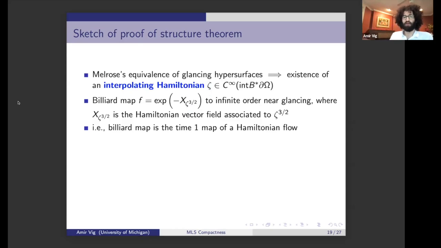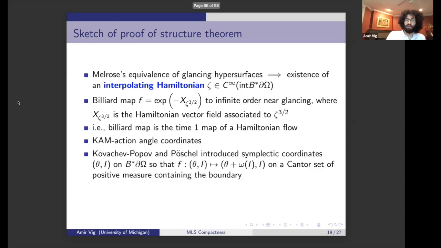But this is nice because we use the word interpolating because the time one map of a flow is kind of interpolating as you flow around for all t. We also use what we call action angle coordinates, but our billiard map is not completely integrable. It's almost integrable, so we have to use action angle coordinates in the setting of the KAM theorem.